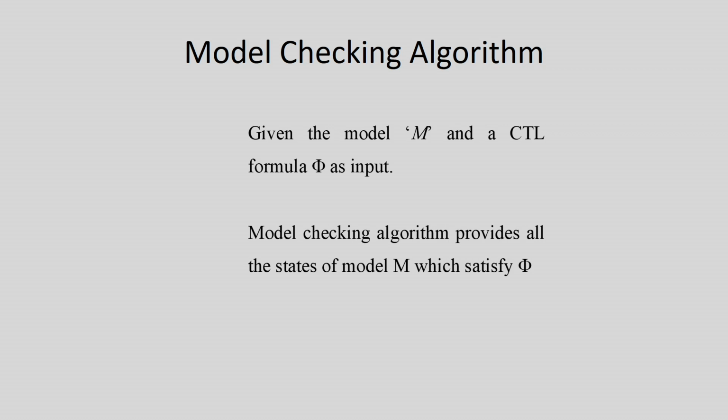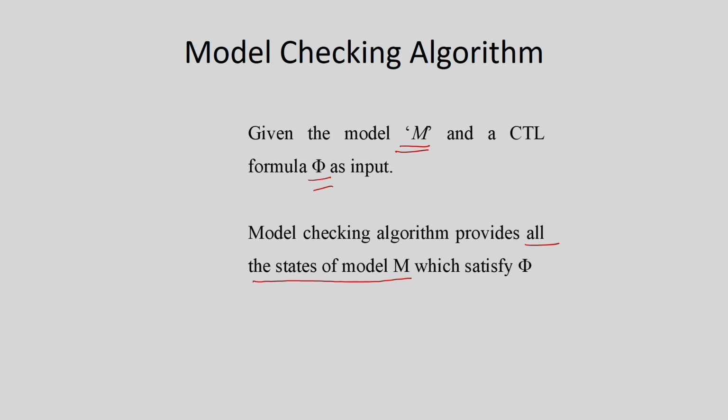So in this case, what are we going to say? We are going to give a model M and a CTL formula phi to the model checking method. The inputs are the model M and the specification written as our CTL formula phi. Now what does the model checking algorithm give? It gives us all the states of model M which satisfy phi.